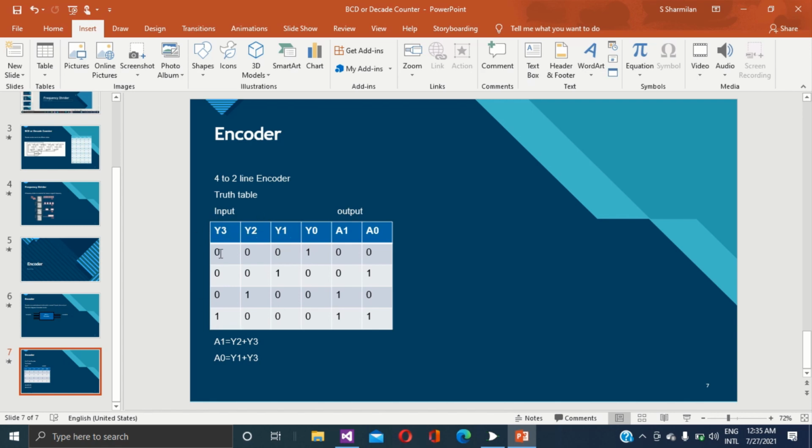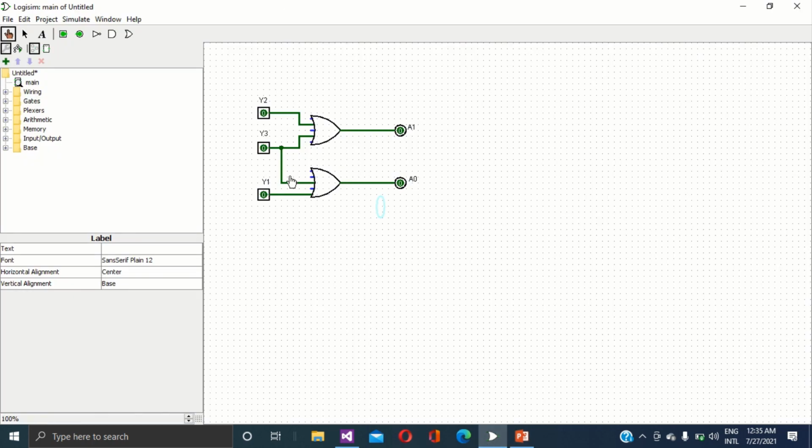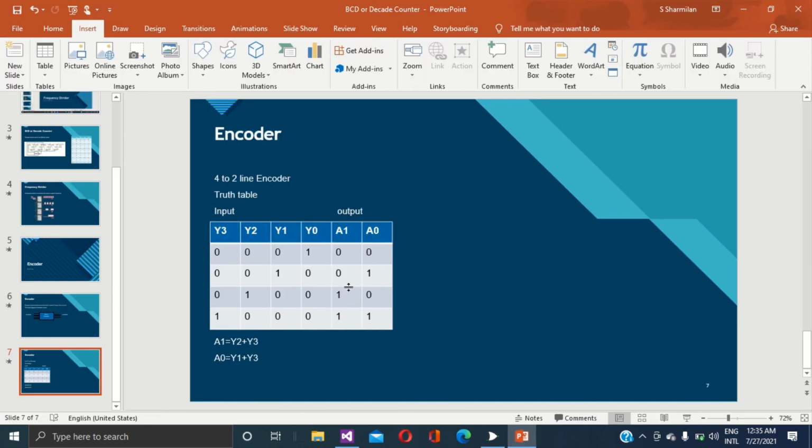Here in the first row y3 equals 0, y2 equals 0, y1 equals 0. Here all are equal to 0. My output a1 equals 0, a0 equals 0. See my truth table, a1 equals 0, a0 equals 0.